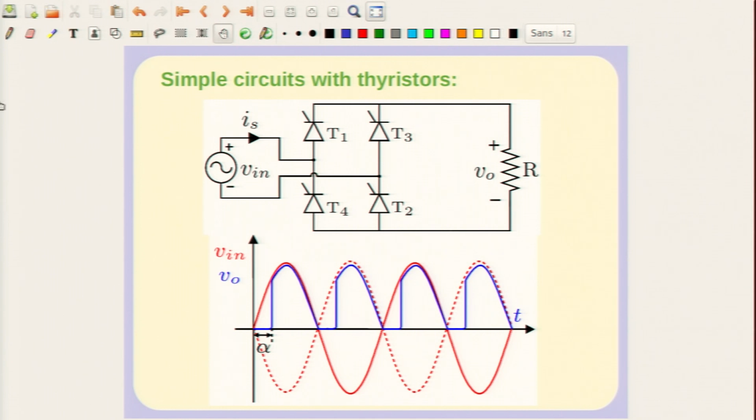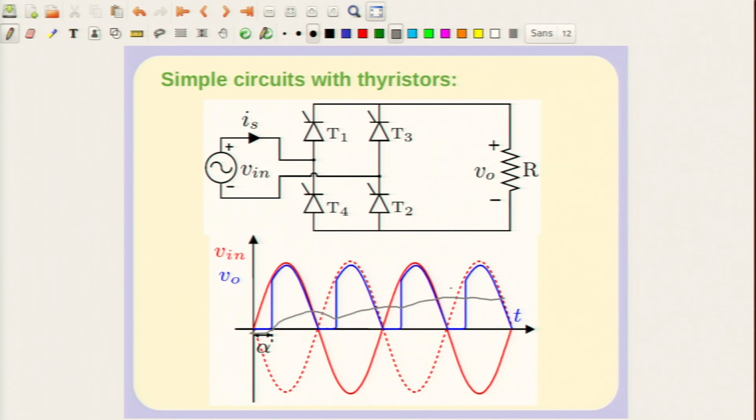If you start the bridge in this fashion, you may have a current which is like this and like this, and eventually it will reach some steady state. In fact, the RL circuit acts like a filter.